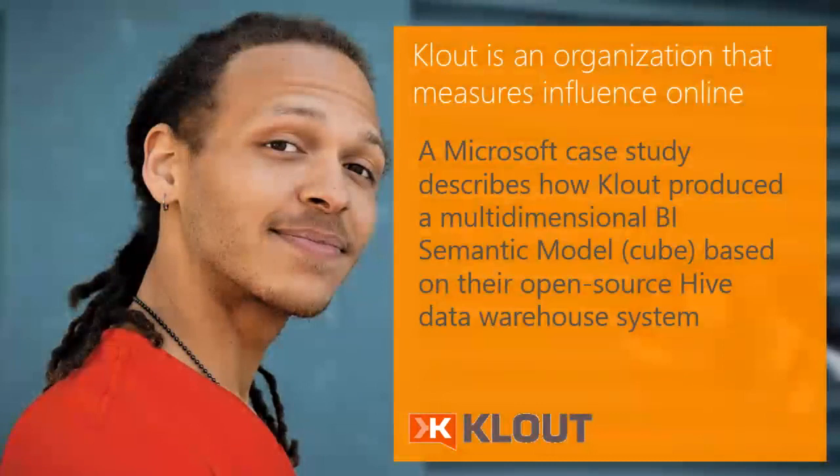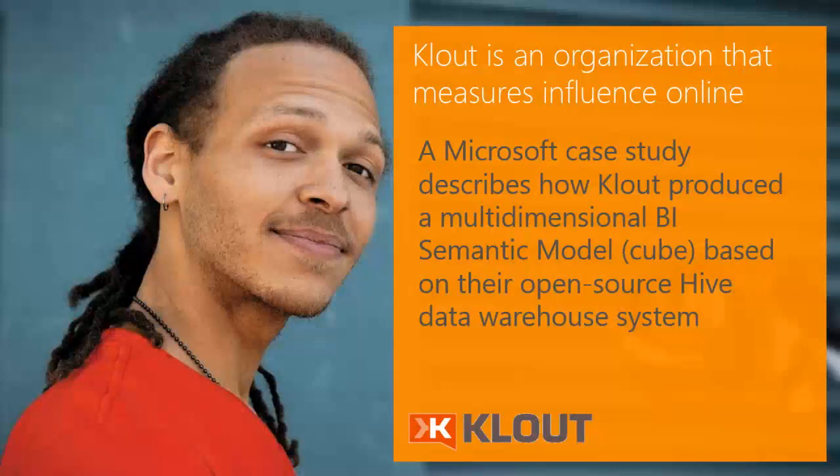All right, Microsoft have a case study here that might be of interest to you, actually using analysis services cubes. So Klout, as an organization, are there to measure influence. And so, for example, if I check in at a hotel, that hotel may subscribe and pay for Klout information that would inform them that I'm such an influential person, they should upgrade me to the penthouse suite. How does this happen?